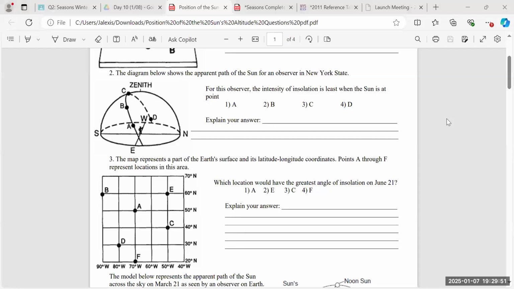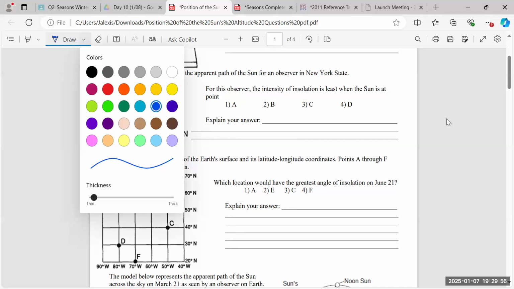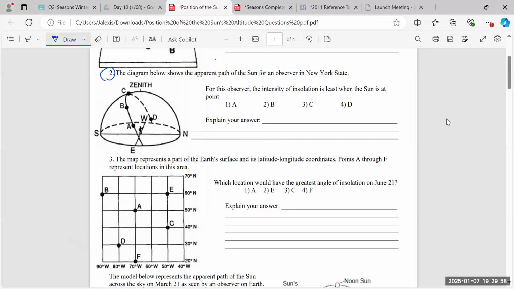All right, let's take a look at number 2. Number 2 says the diagram below shows the apparent path of the sun for an observer in New York State. For this observer, the intensity of insolation is least when the sun is at point blank.